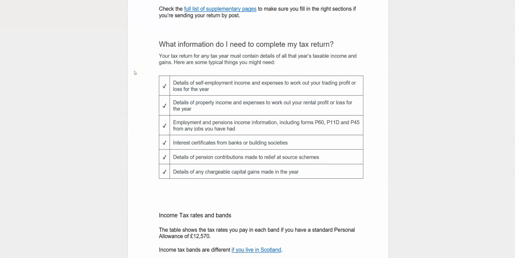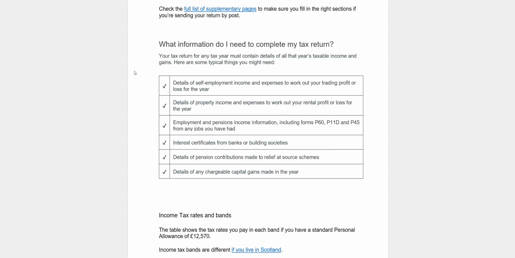The next thing we're going to look at is employment and pension information, including the P60, P11D and P45 from any jobs you had. Now, it is possible you might have more than one job between the 6th April and 5th April, so you need all this information, number one.